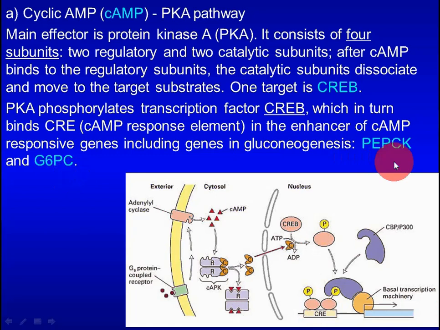PEPCK encodes PEP carboxykinase. G6PC encodes the catalytic subunit of glucose 6-phosphatase.